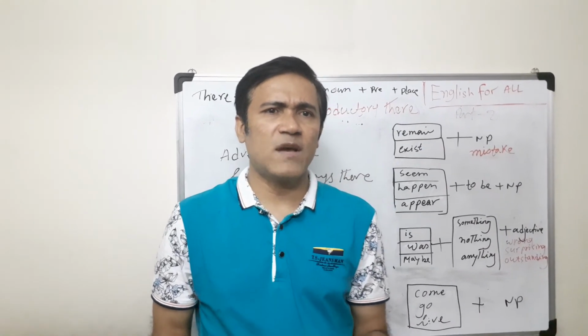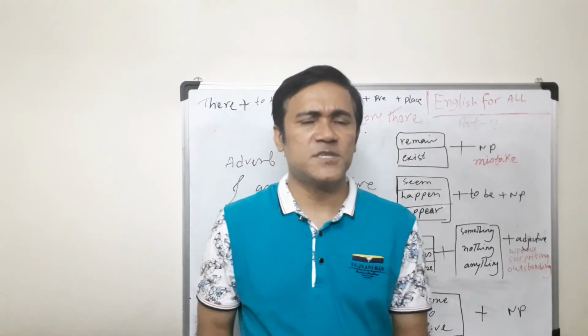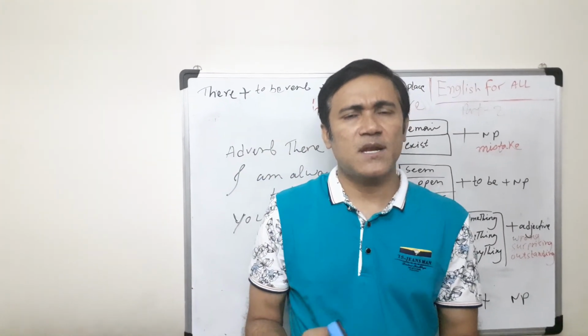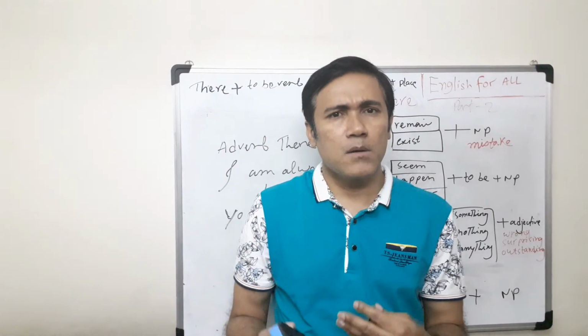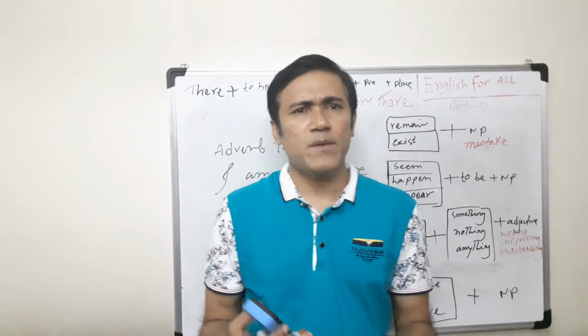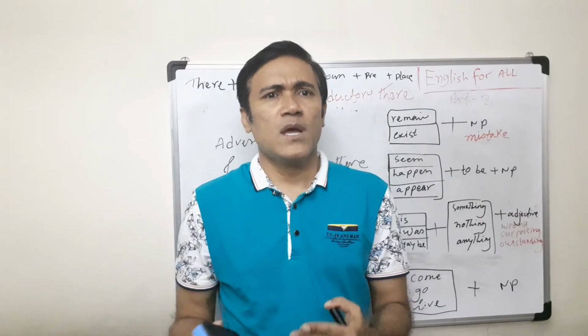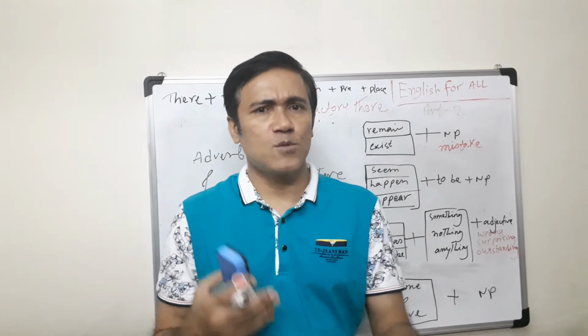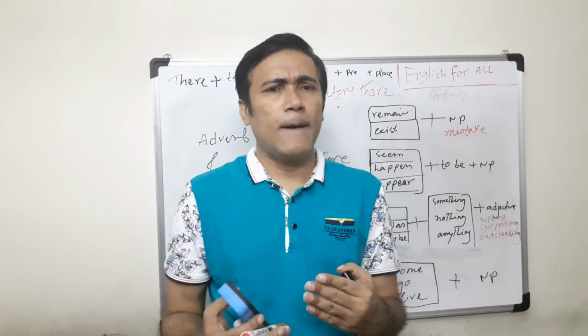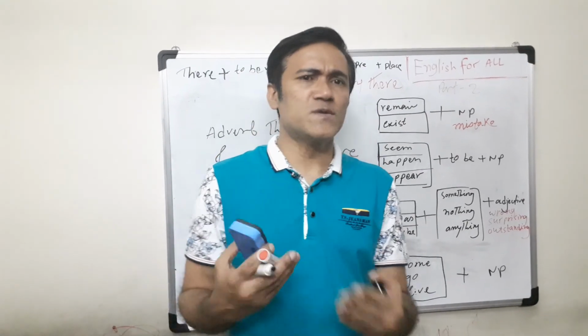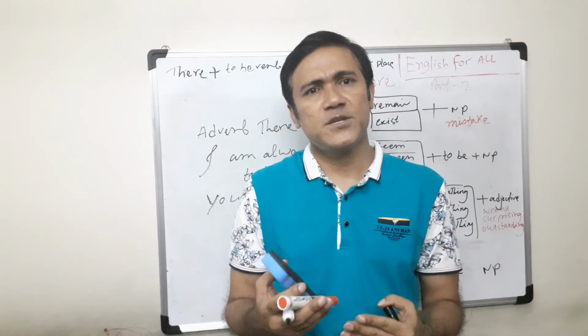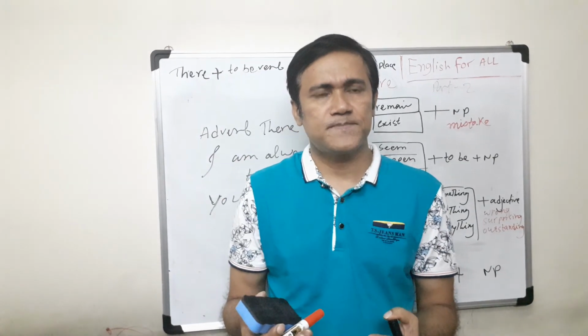If you want to develop your speaking capacity, you need to speak loudly, like you can practice this way. There was a girl in the classroom, there was not a girl in the classroom. If you speak loudly with someone or even with yourself, you will find development in your speaking capacity.